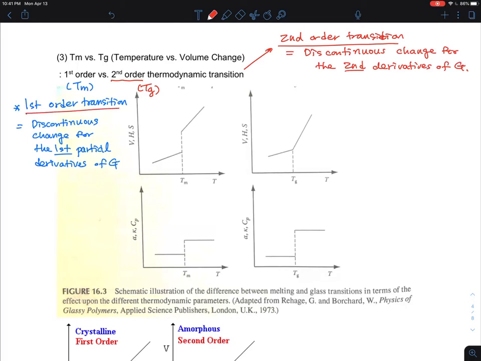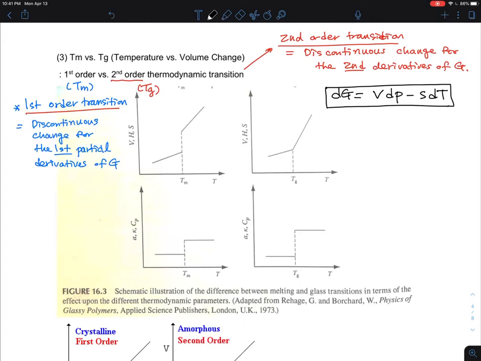And then you can start to look for, you remember, let's write down the fundamental equation. So dG is VdP minus SdT. This is a fundamental equation that you learned from the thermodynamics class in your macro PChem or chemical engineering thermodynamics.